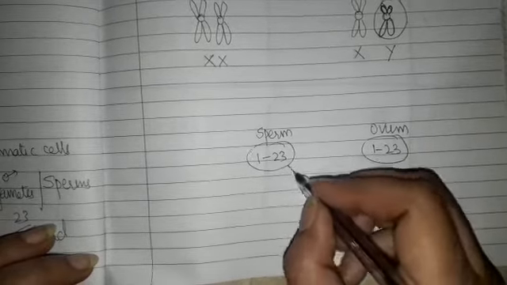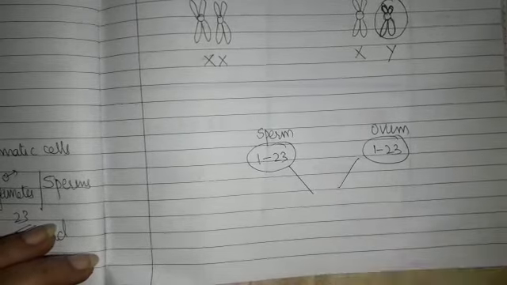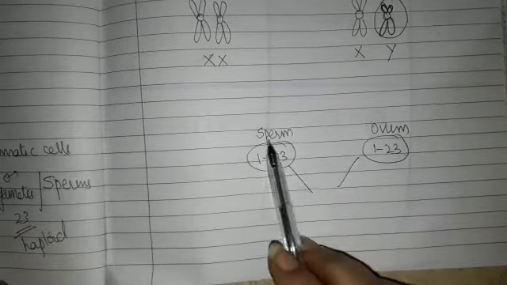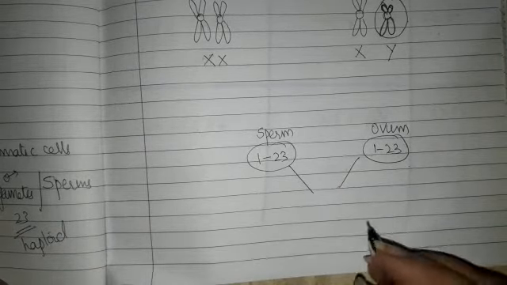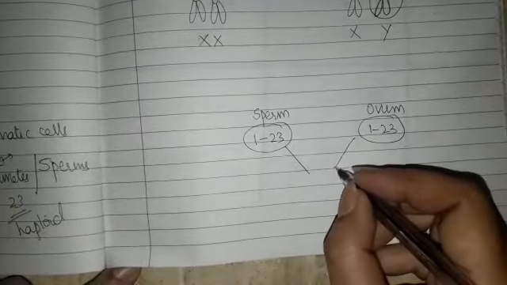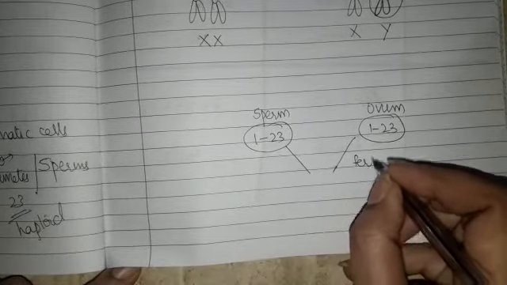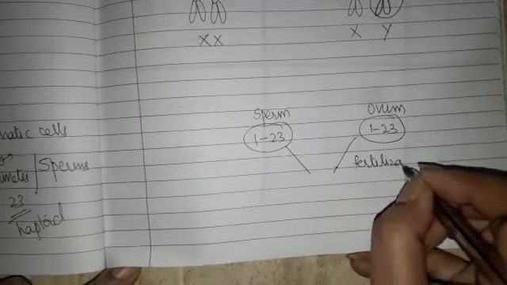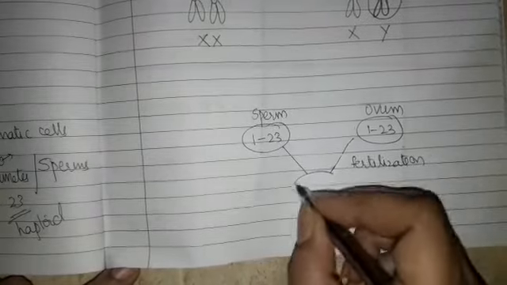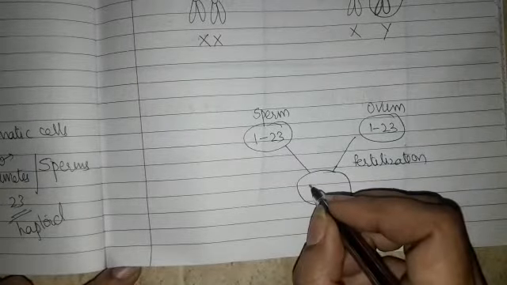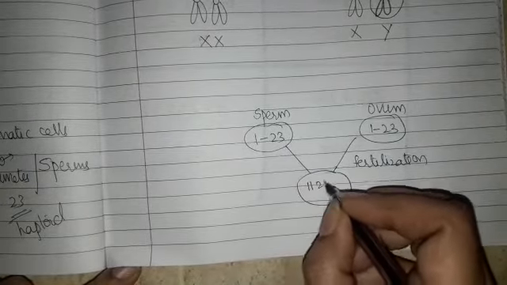And during sexual reproduction, we said there are two basic aspects. The first is formation of gametes, then fusion of gametes, and this fusion of gametes is called fertilization. In fertilization, the chromosome pairs are again 1, 1, 2, 2, the whole.